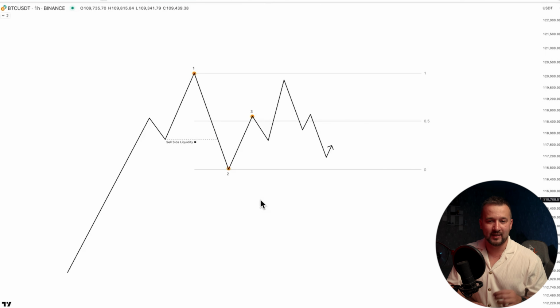Why is range formed, and how do different market participants act during this period? Let's compare the behavior of the so-called smart money and stupid money, which make up about 95% of the entire market.